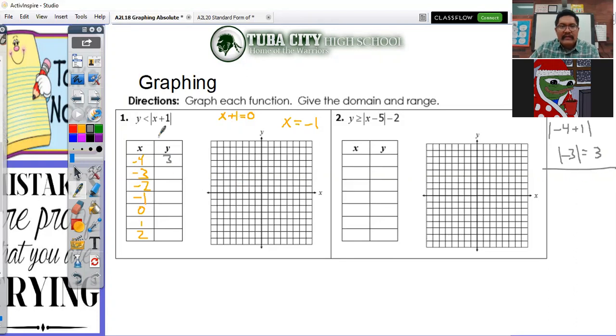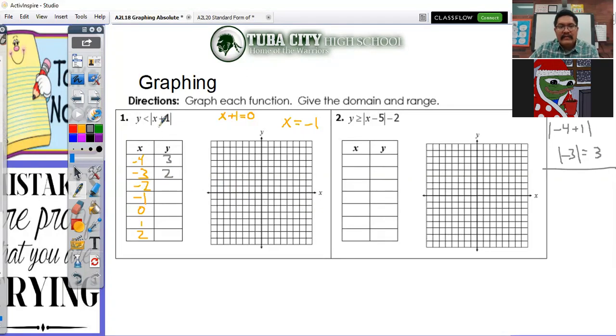Let's do the same thing with -3. These ones are not as complicated, so just follow along, we'll do them mentally. -3 plus 1 is -2. We take the absolute value of -2, which again just means it turns positive.